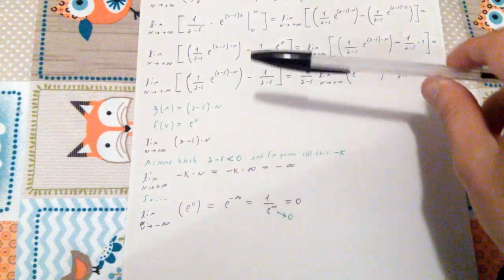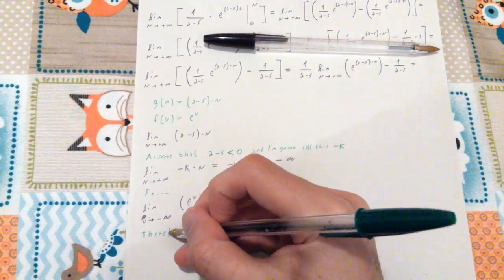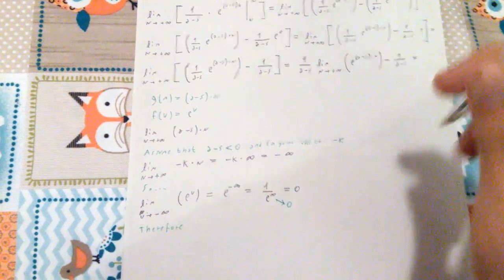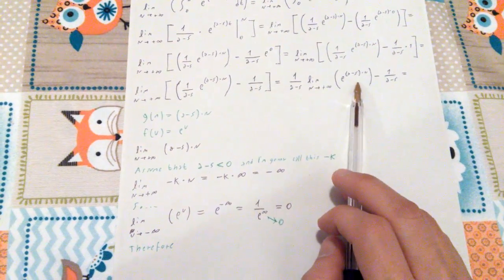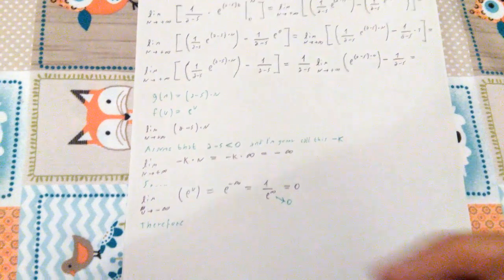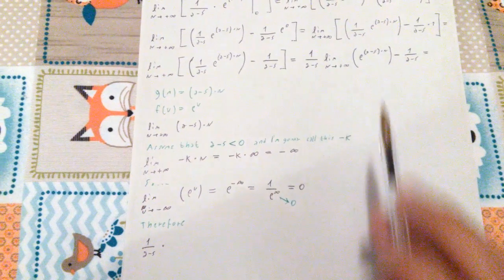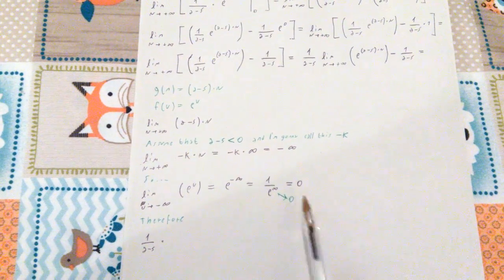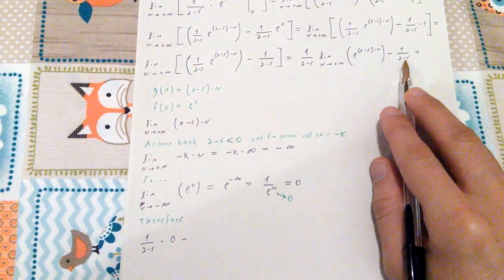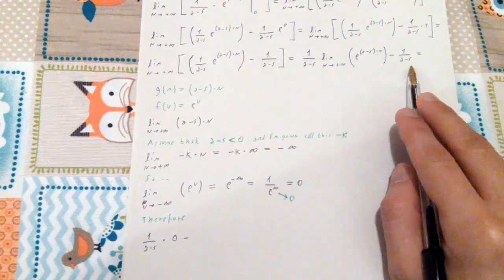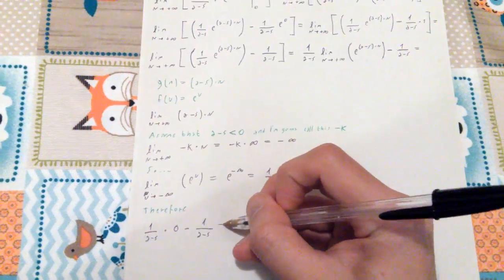Then, if I go back here where I left this, I'm going to have 1 over a minus s times this limit, which we just found happened to be 0, so times 0, minus this term here, 1 over a minus s.